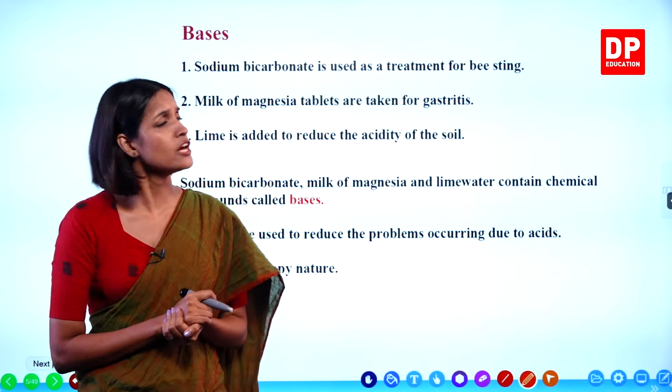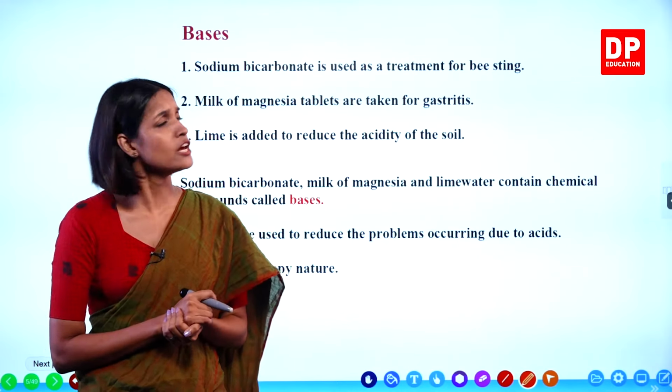Okay, children. So what happens? This condition is known as gastritis. So gastritis means increase of acidic levels in the stomach. So how to reduce these acidic levels in the stomach? As I told you in the first example, acidic levels can be reduced by adding basic substances. So milk of magnesia is a type of base.